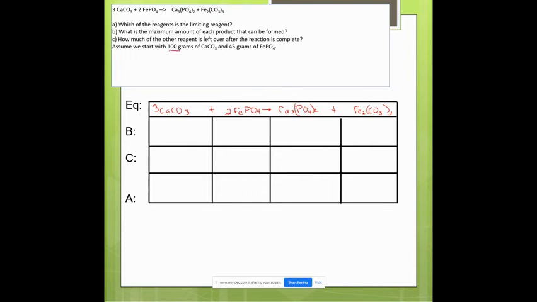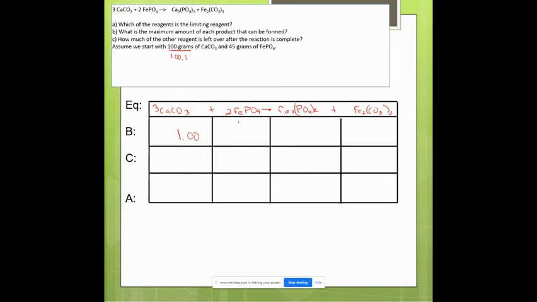We're going to divide that by the molar mass of calcium carbonate, which is 100.1. So we're going to divide this by 100.1, which means that we have 1 mole of this.